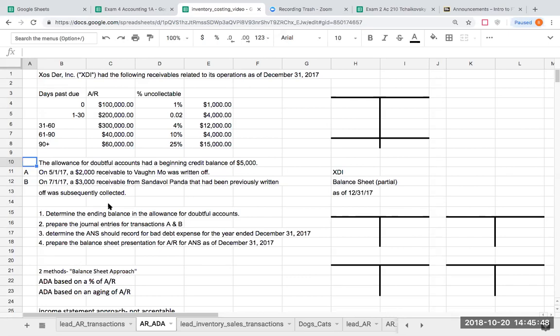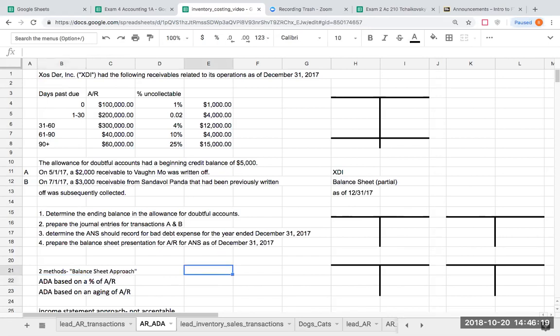the different methods of how we create a contra asset account, which we call the allowance for doubtful accounts. There are a few different methods we can use, and the two methods that I cover are the allowance for doubtful accounts, or ADA, based on a percentage of accounts receivable, and the allowance for doubtful accounts based on an aging of accounts receivable.